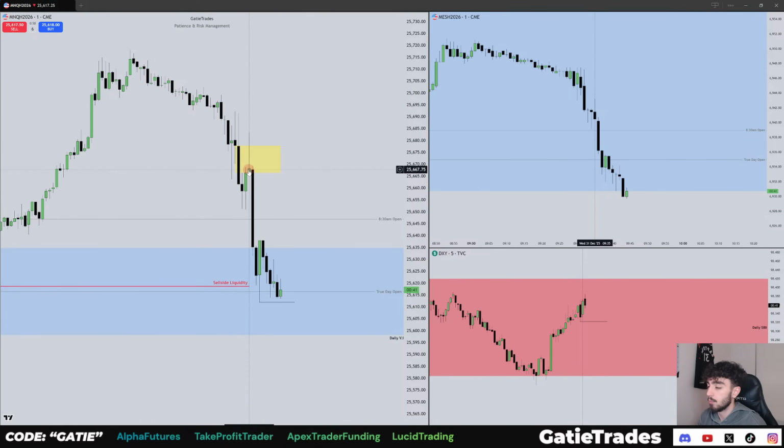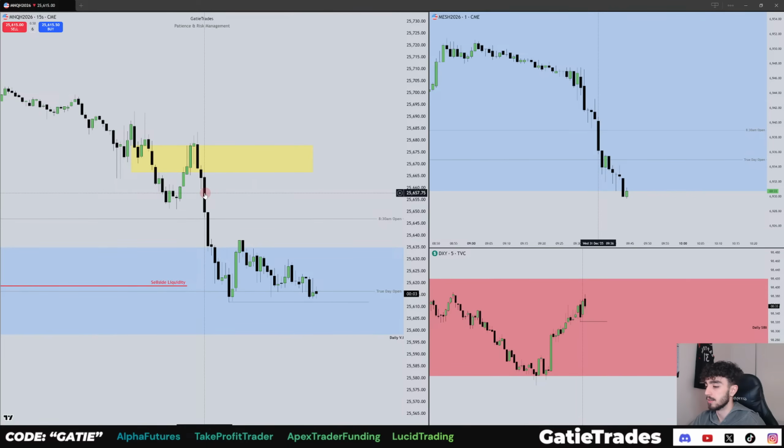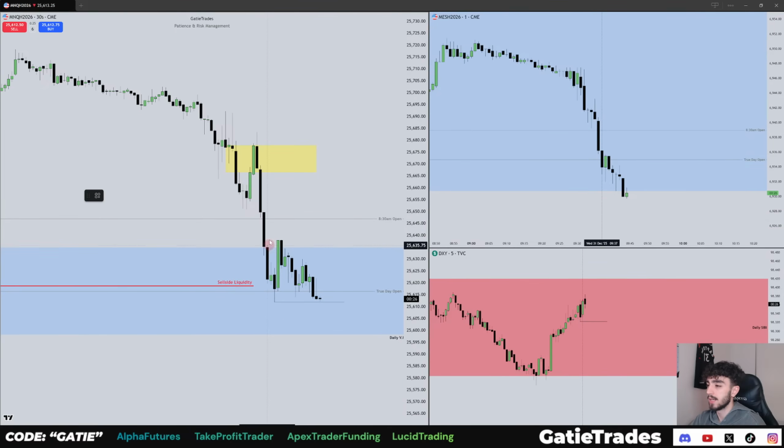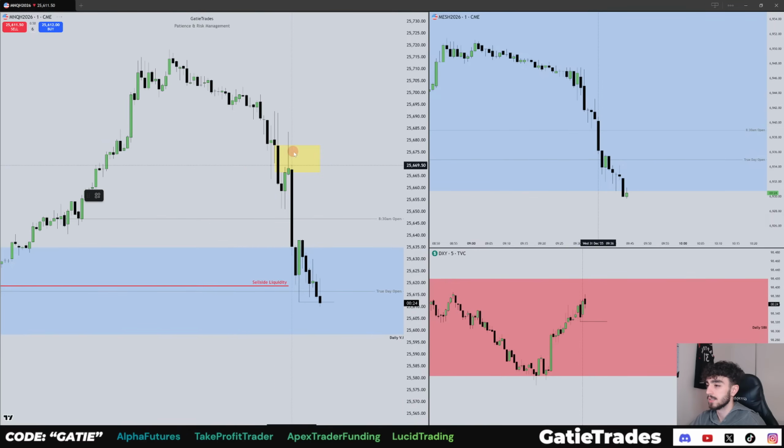Would I have taken it? Yeah, honestly, I think I just missed it. It's also not really my model, so technically no, I would have had to short here at 936.15. I saw that it was likely to go lower once this candle wicked.